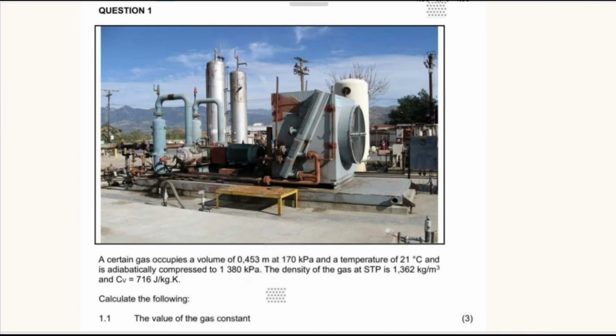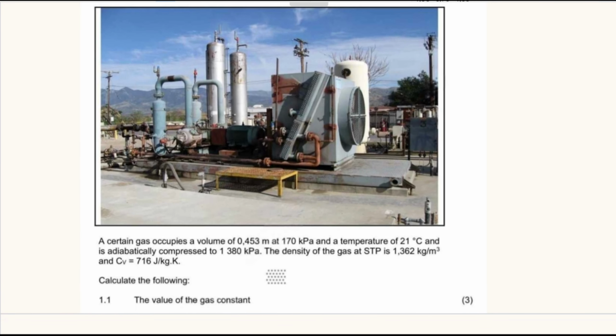My name is Bino. In this video, we go through question 1 from the 3rd of August 2025 N5 Power Machines question paper. Question 1, which is on adiabatic compression, states that a certain gas occupies a volume of 0,453 meters, but I believe that was supposed to be meter cube, at 170 kilopascals and a temperature of 21 degrees Celsius, and is adiabatically compressed to 1380 kilopascals.